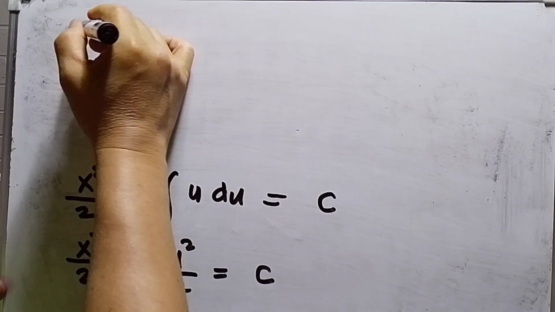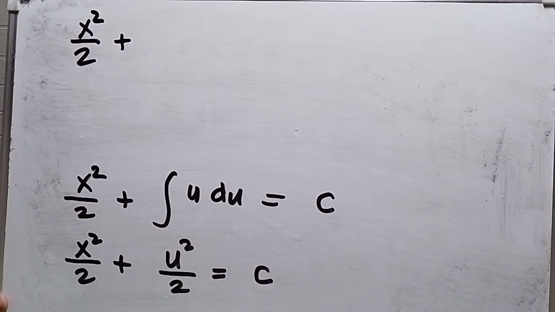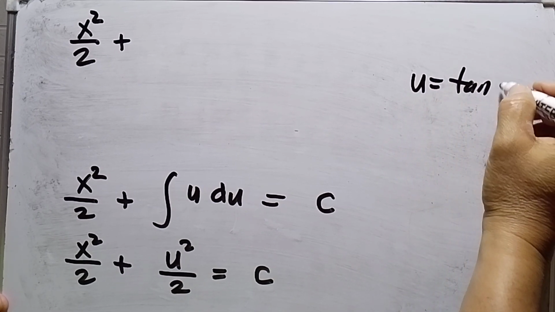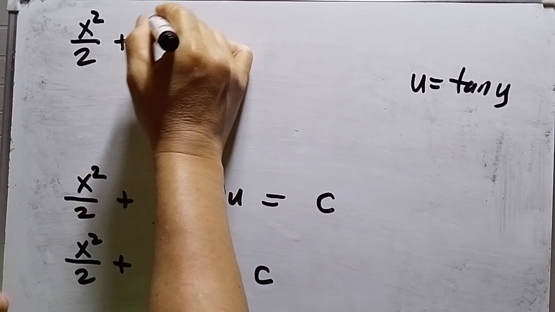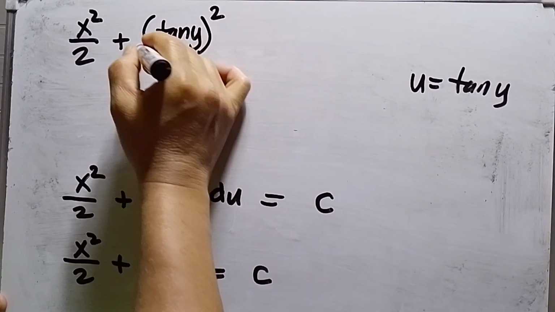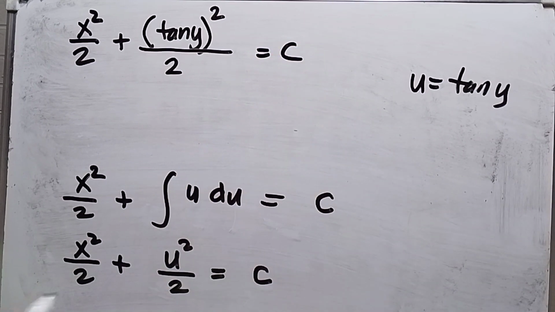Okay, so x squared over 2 plus u, and u is tangent, right? Tangent y. So this will be tangent y squared over 2, and then this will be equal to c.